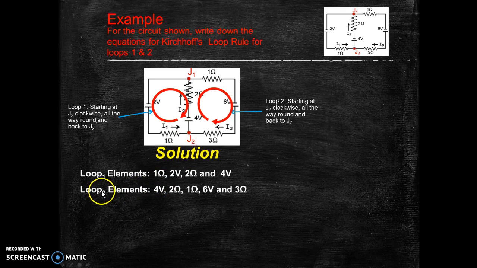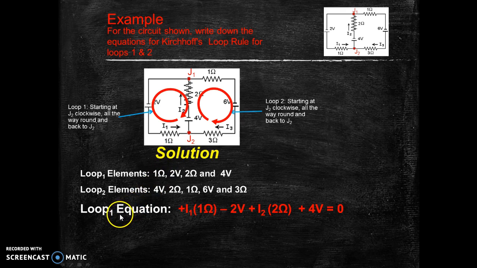For loop number 2, starting from J2, we're going to traverse the 4 volt battery, the 2 ohm resistor, the 1 ohm resistor, the 6 volt battery, and the 3 ohm resistor, and we're back to J2.